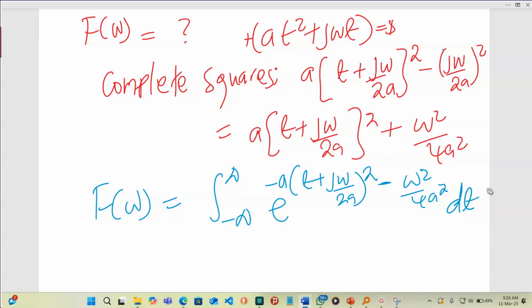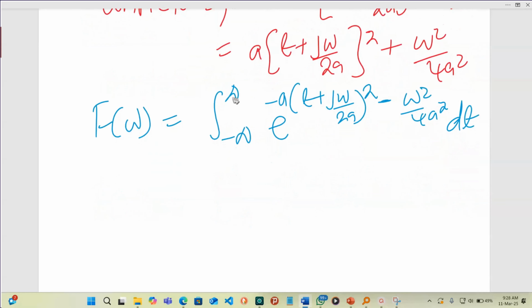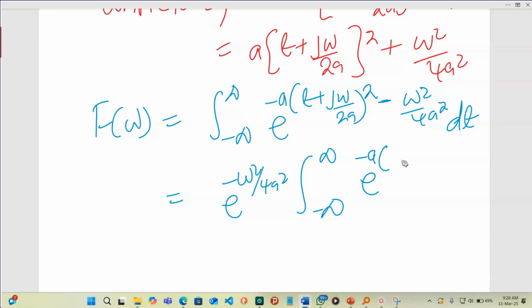Remember, this is with respect to t. So this becomes exponential of negative omega squared out of 4a squared, integrating from negative infinity to positive infinity of negative a into t plus j omega out of 2a squared with respect to t.